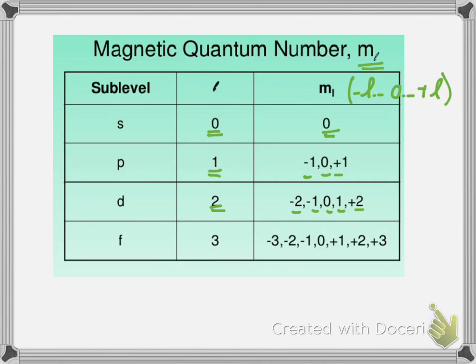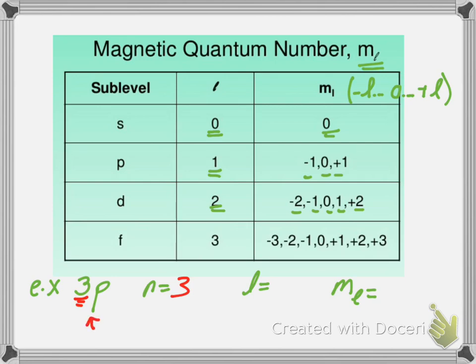Let me give you an example. Let's do 3p. Can you give me the n, the l, and the m sub l? All right, remember n, we look at this number, 3. p is the l.